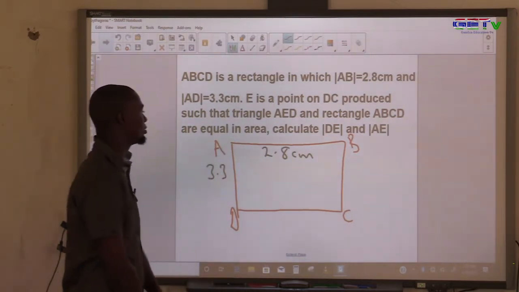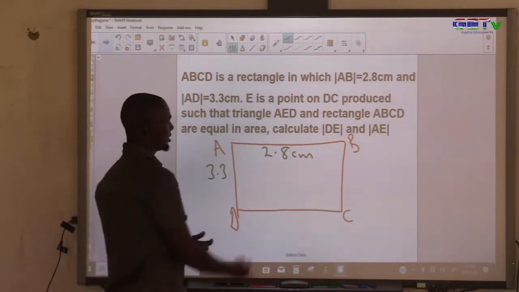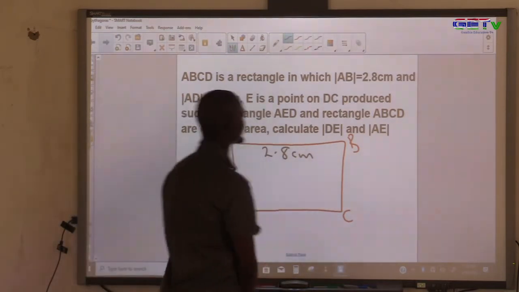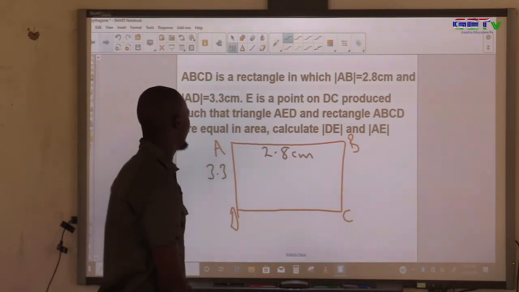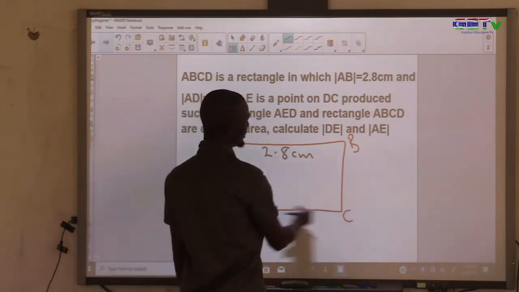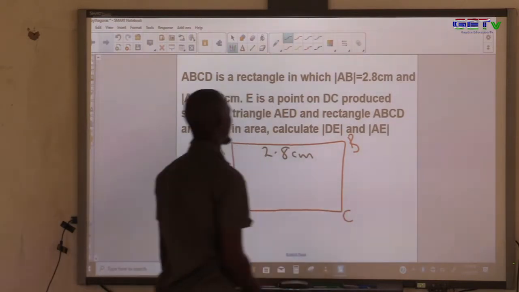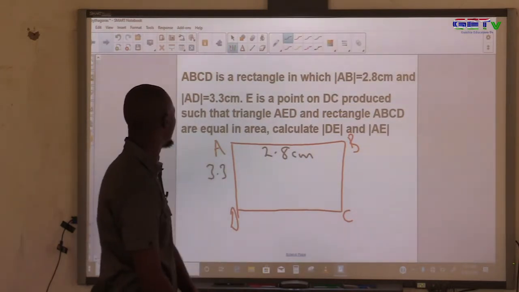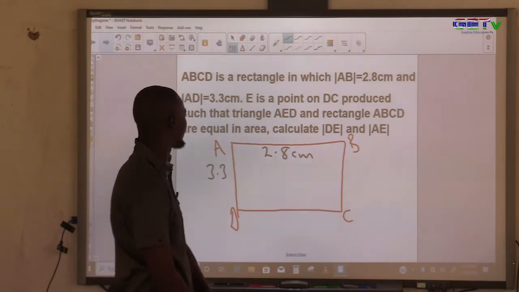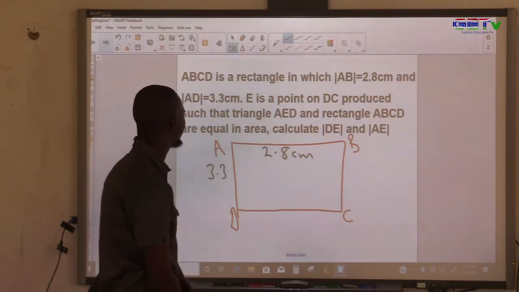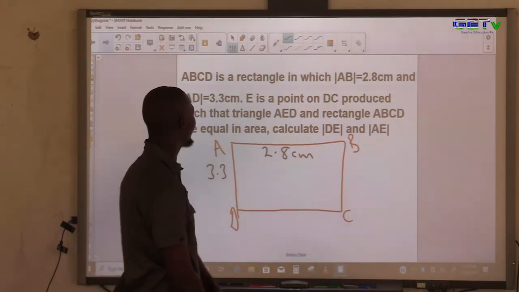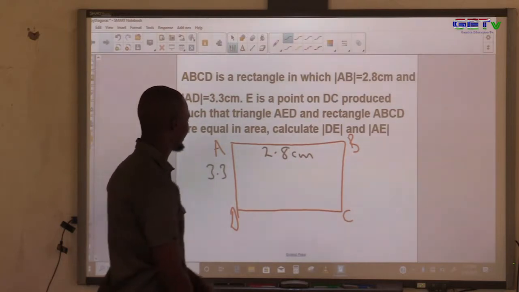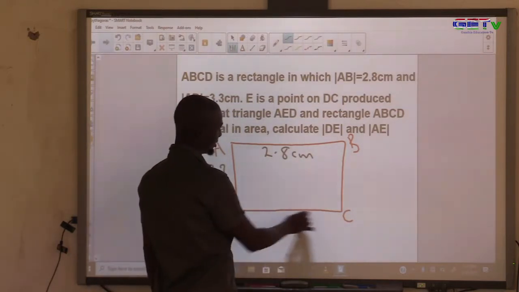E is a point on DC. We should have a point on DC here. That point will be E. Produced such that triangle AED, we have to get a point on DC first.